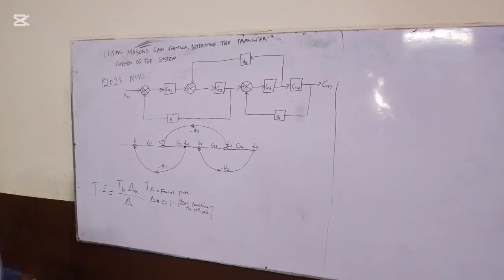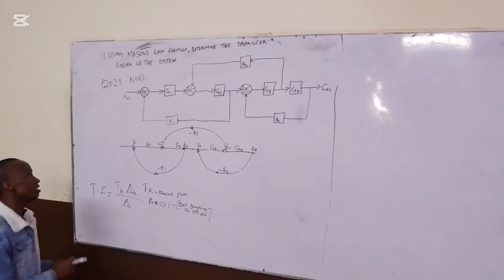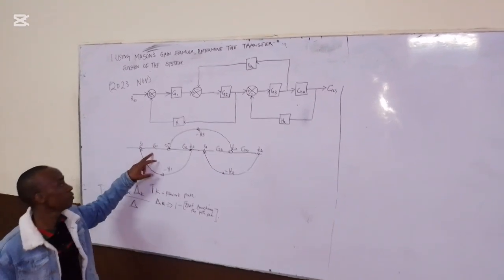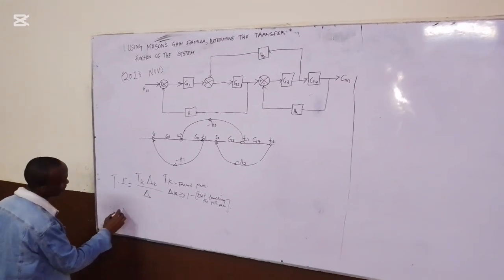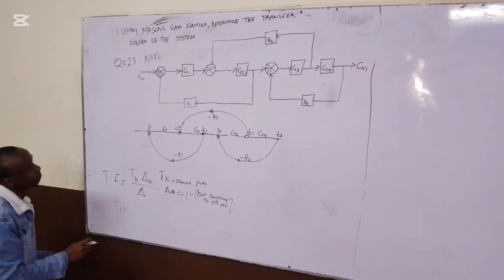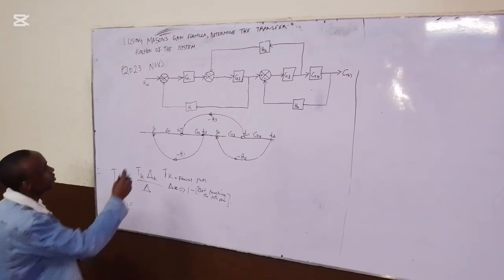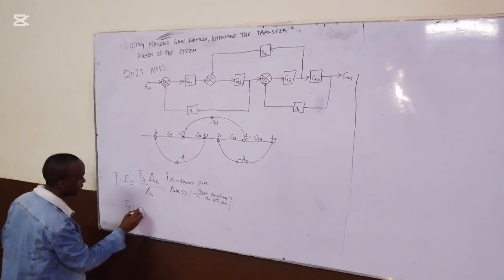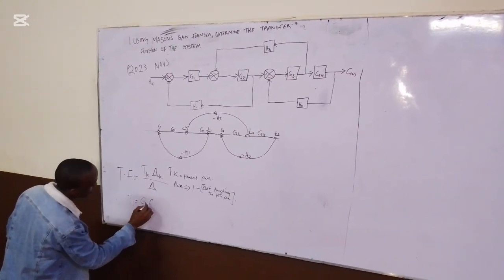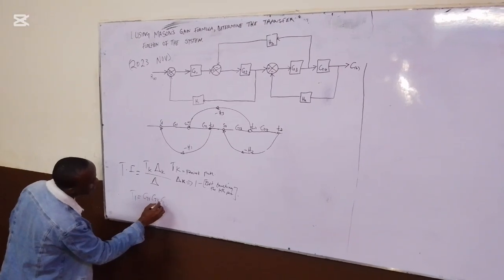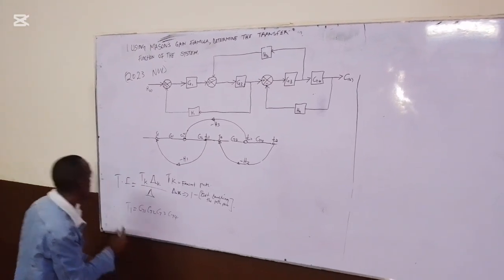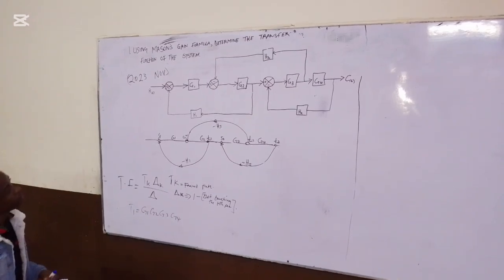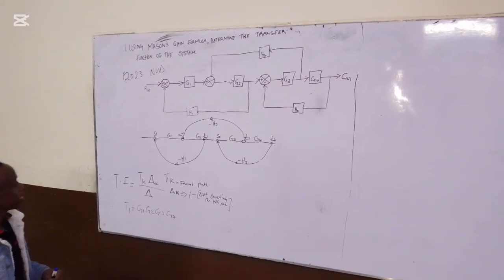So in our flow graph here, we have only one forward path, which is T1, given by G1, G2, G3, and G4. This is the only forward path that we have in this signal flow graph.